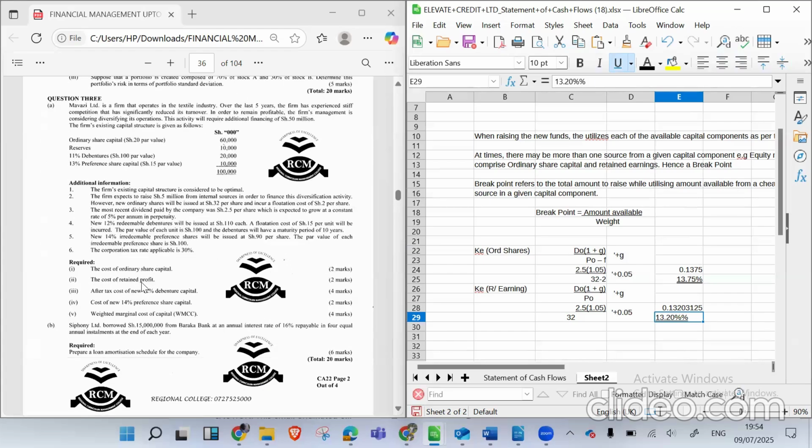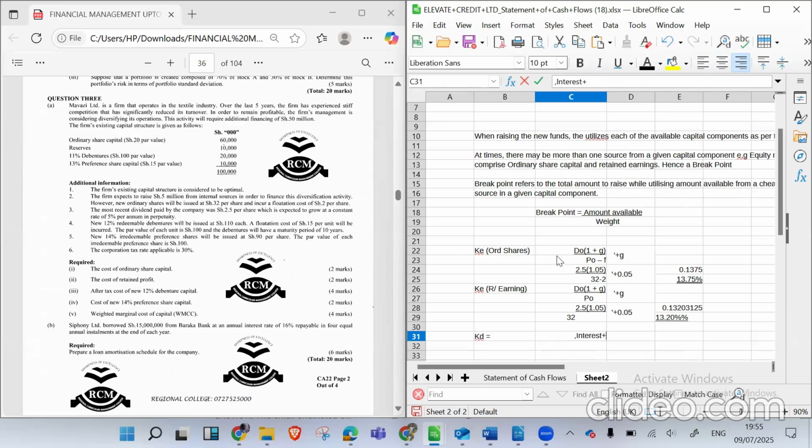Then can we have the after-tax cost of the debentures? Kd equals, redeemable or irredeemable? It has a maturity period of 10 years.